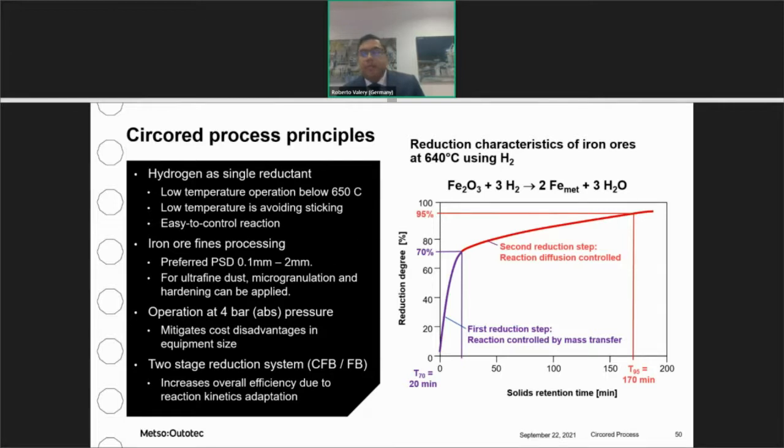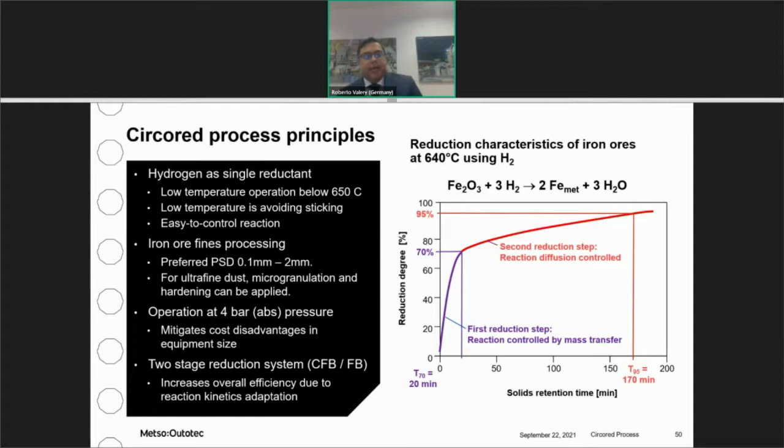This is especially important because dust collected in different locations of the plant can be recycled back into the process by application of this microgranulation system. This reduction process is a pressurized process operating at 4 bar absolute, and this level of pressure has been selected to mitigate the cost disadvantages of equipment size.